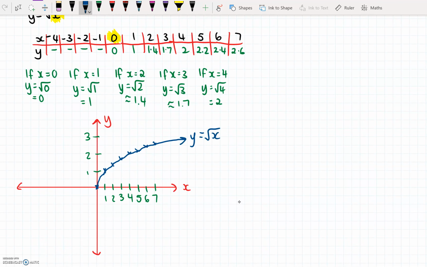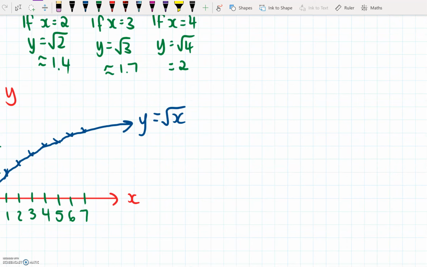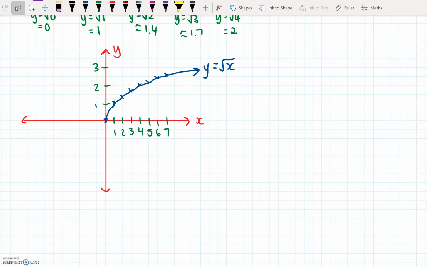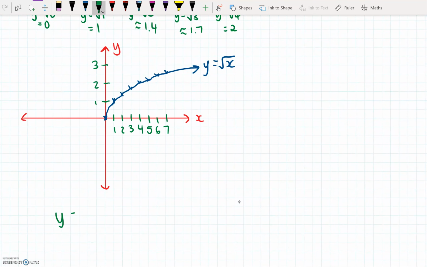This should be a little bit familiar to you because this looks like a parabola that has been flipped on its side. Okay, you should be able to see that. If you flip it sideways, you actually have a parabola. Now the reason for that is, currently I have y equals the square root of x.